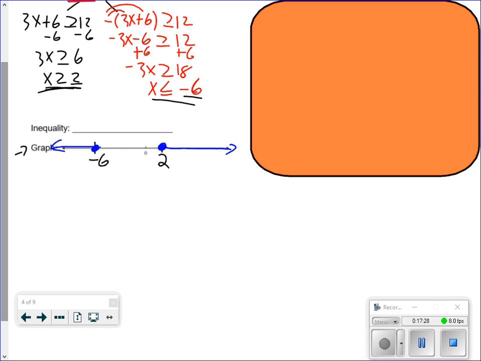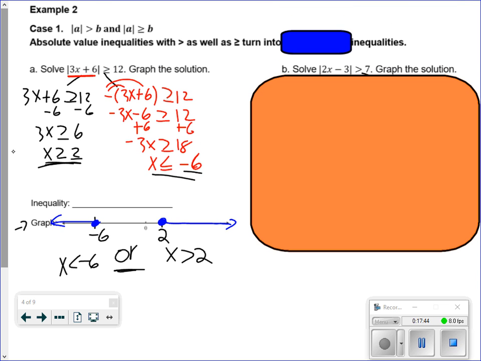So that's going to be my answer. And I can see here that I want every x value less than negative 6 or every x value greater than 2. That's where the word or comes from. That's my disjunction, which reminds me, I think I skipped this part right here in the very beginning. Sorry about that.